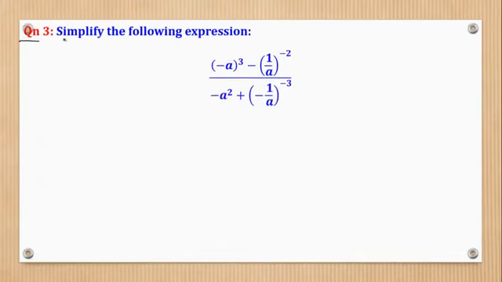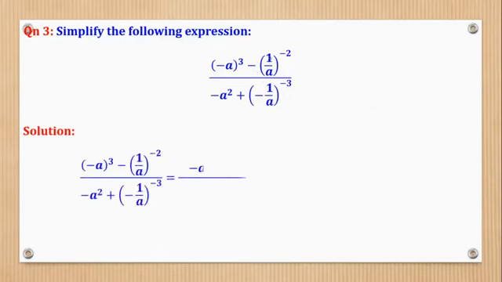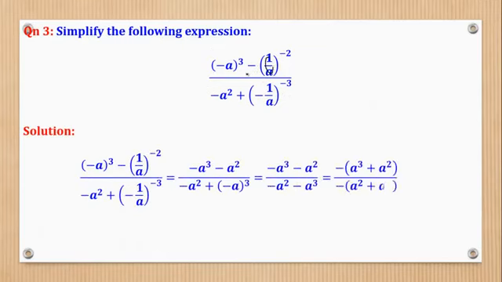Then question 3 says, simplify the following expression. So the first thing to do is to make everything under the same base. Remember, the reciprocal of this gives a negative: the sign on the power changes. For example, if you look at this, it was 1 over a and the power was negative 2.